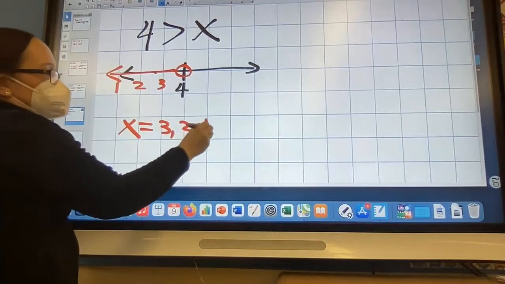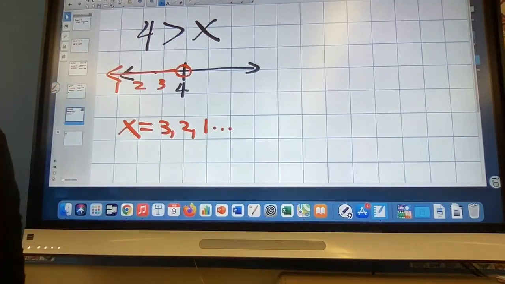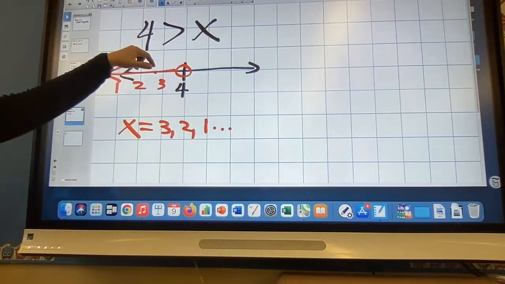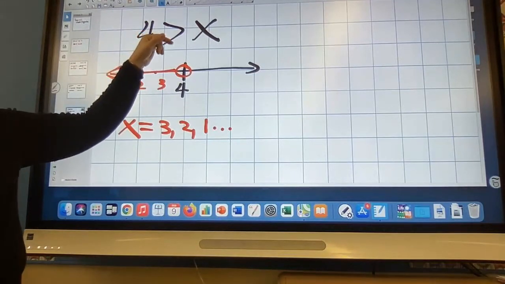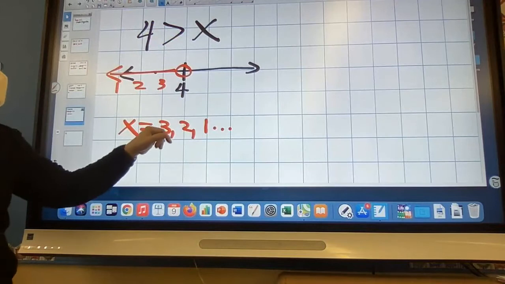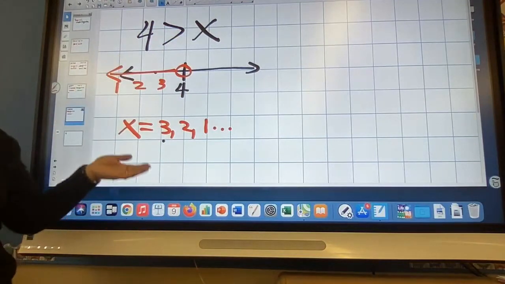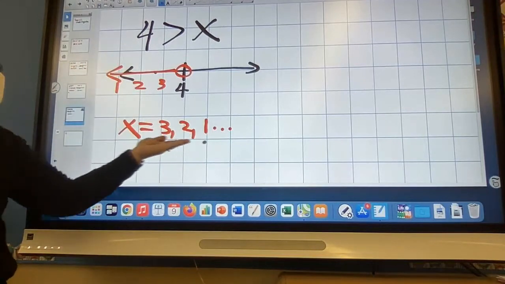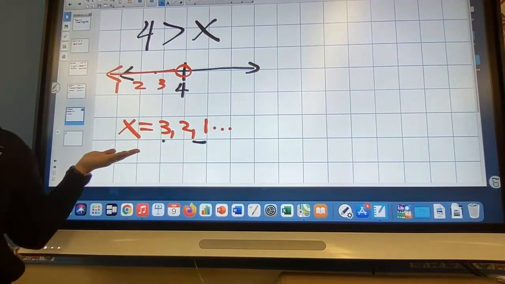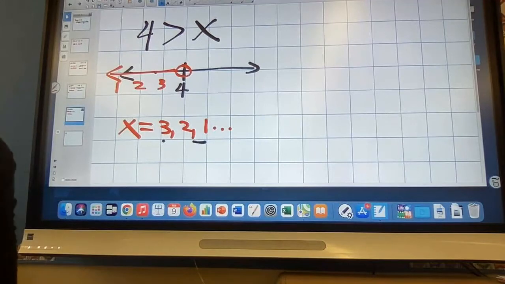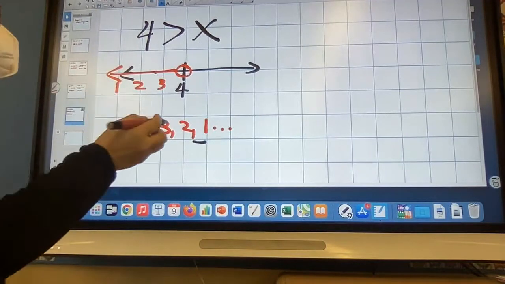If you look at it, 4 should be greater than x. So 3, 2, and 1 is correct because 4 is greater than this. Alright? Next example.